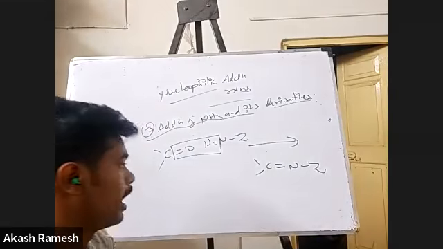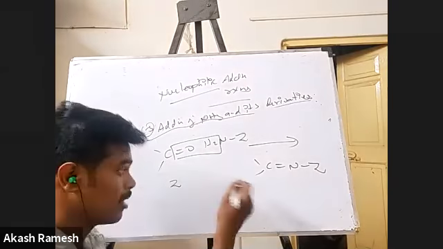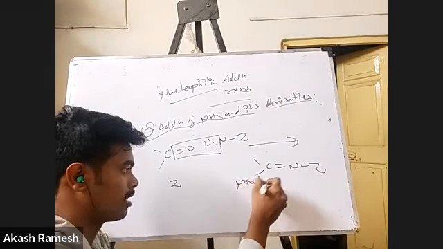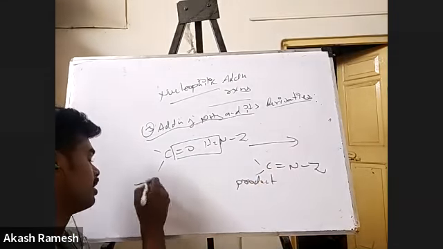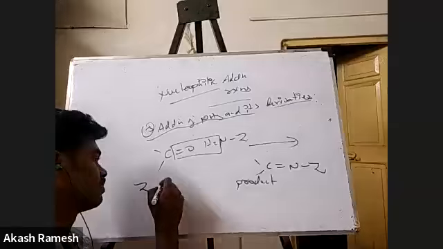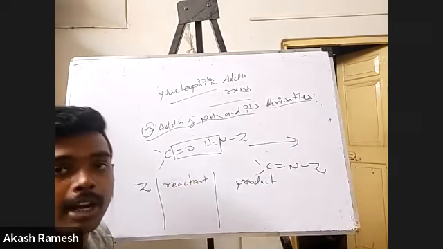So you'll form C double bond N Z. Now, I'm talking about Z, the reactant name, and the product name. We'll make a table.